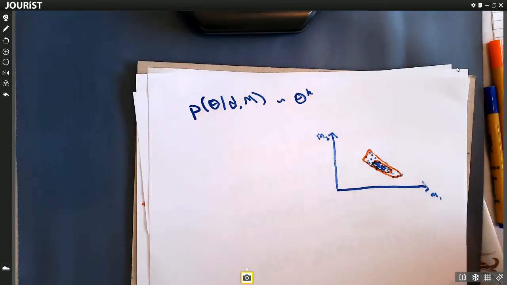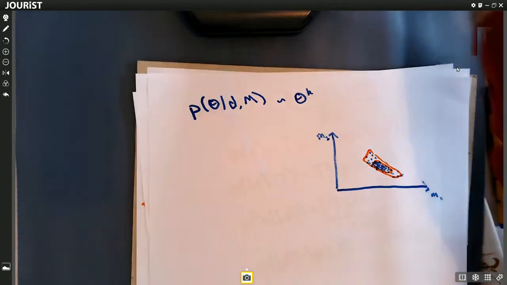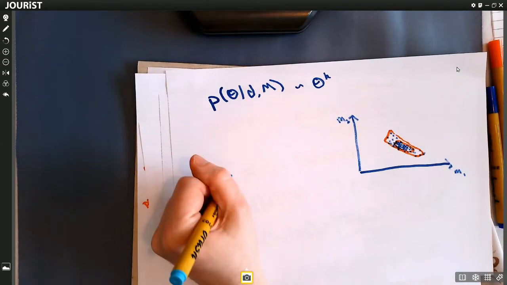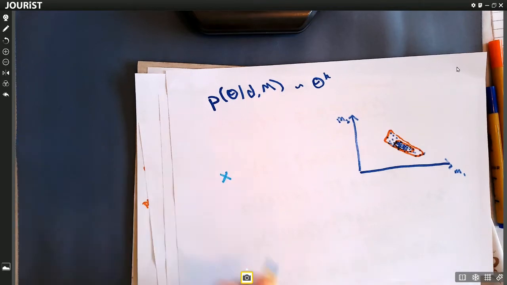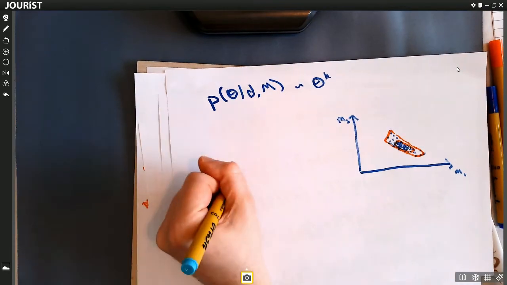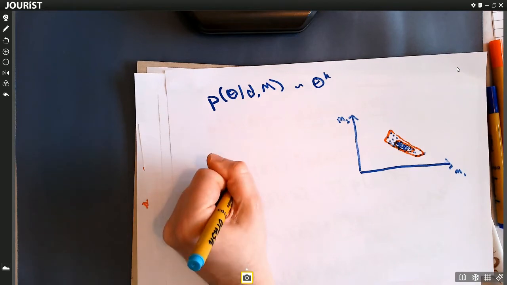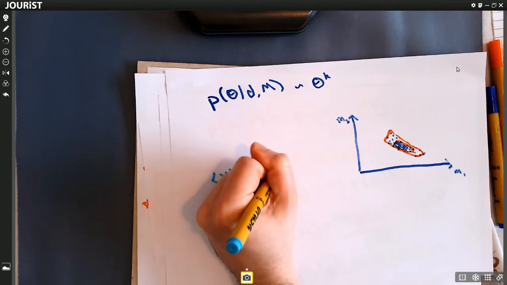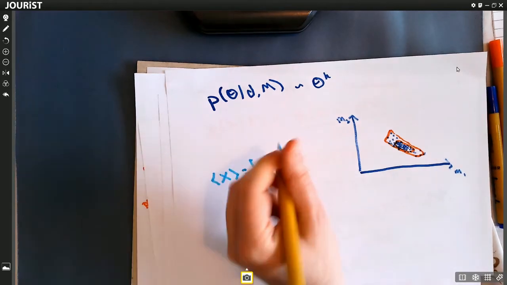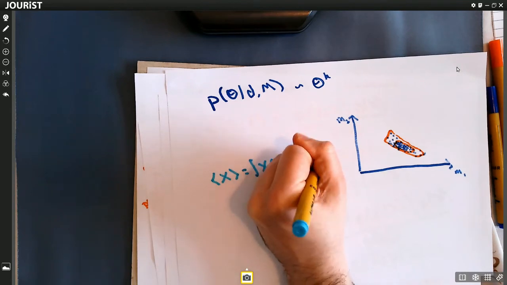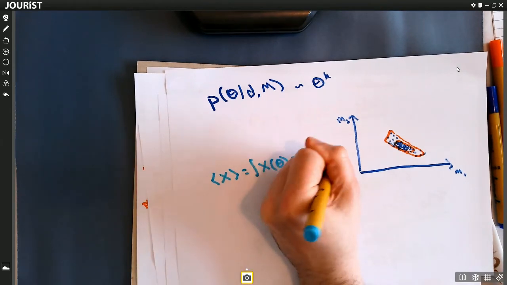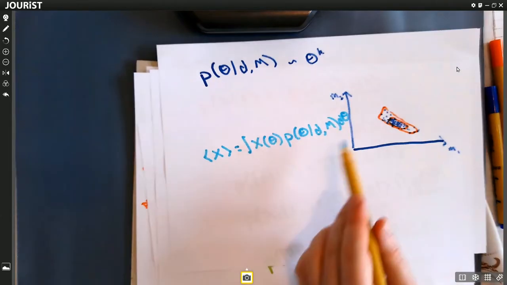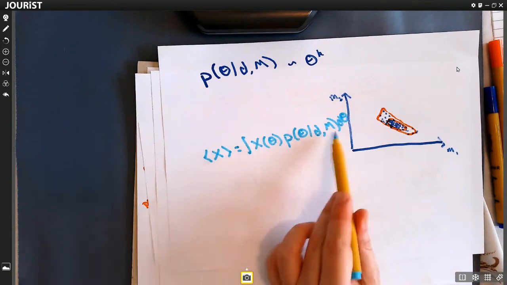Now, a nice property of probability distributions in general is that if we have a variable x and we want to calculate its expectation value, which I'll denote by angle brackets, then all we need to do is take the value of x at the particular parameters of interest, multiply this by the probability distribution, so that would be our posterior distribution here, and then integrate over all values.